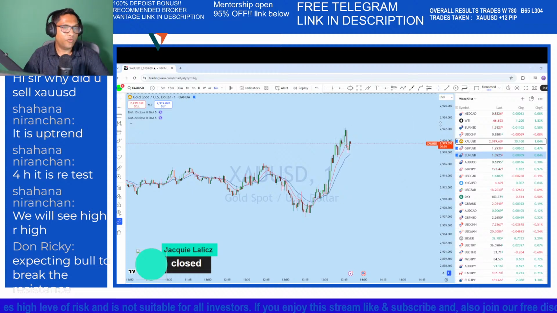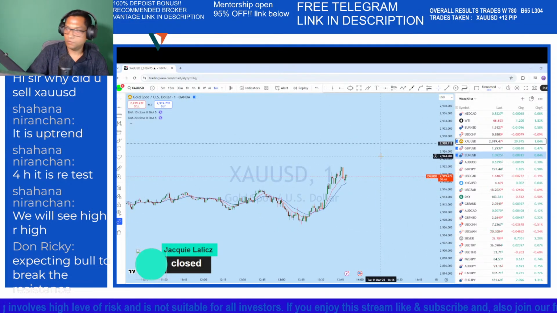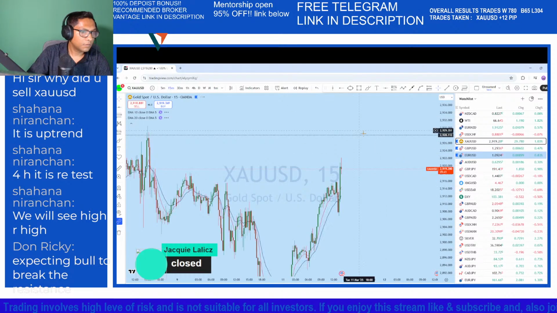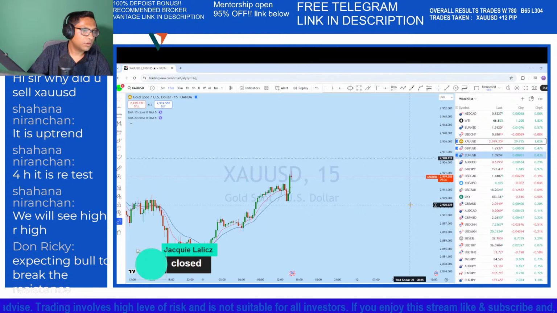We have 10 minutes to go for the data to come out, and this is a 15 minute candle close.